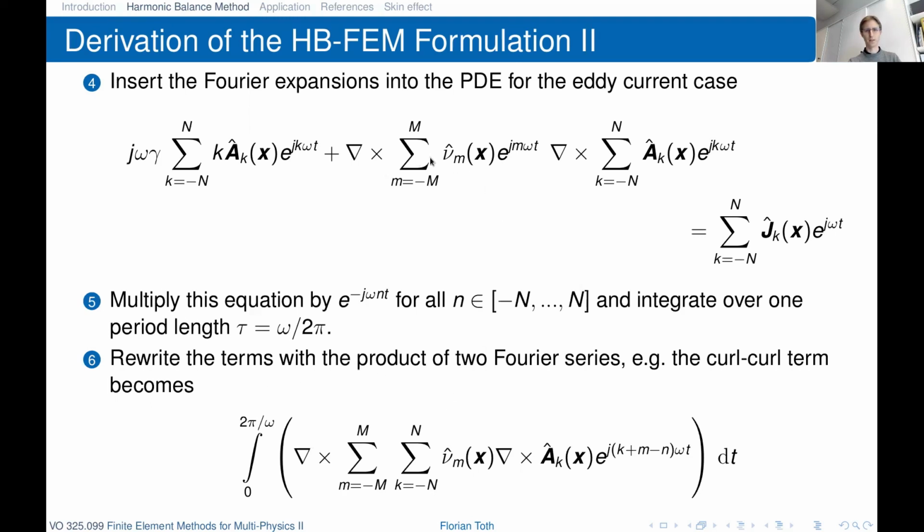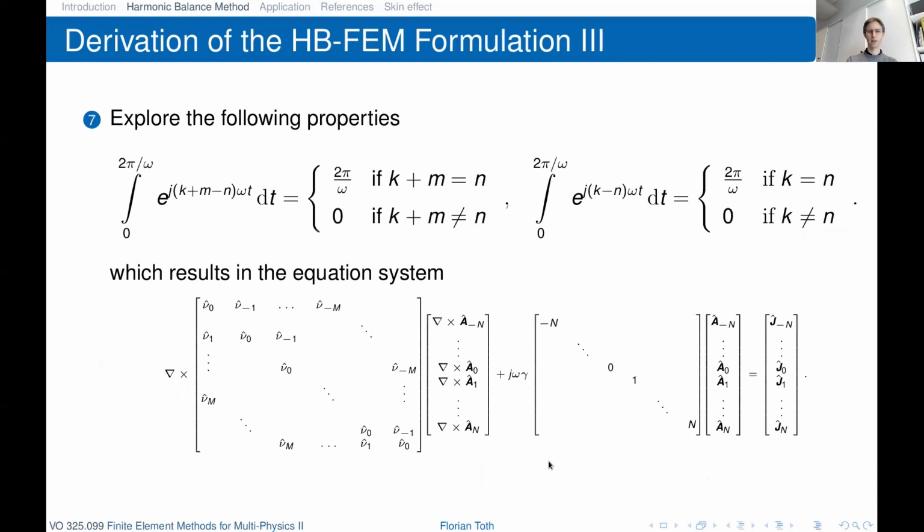So especially this product of two sums you can write as a double sum. To simplify it here, I've already introduced this integral over time. And now you need a few properties of the ansatz functions, which are given here. So look at this property.